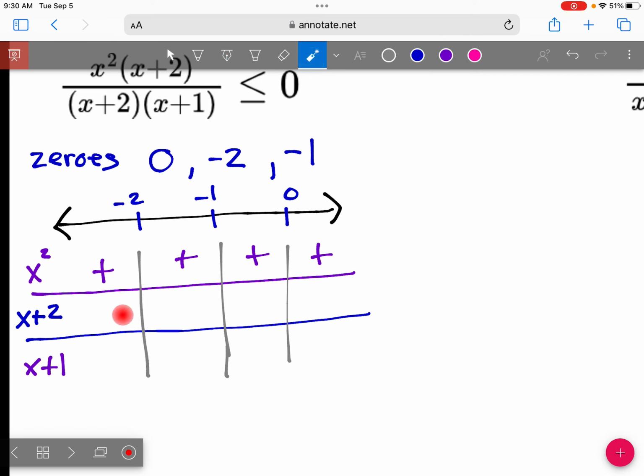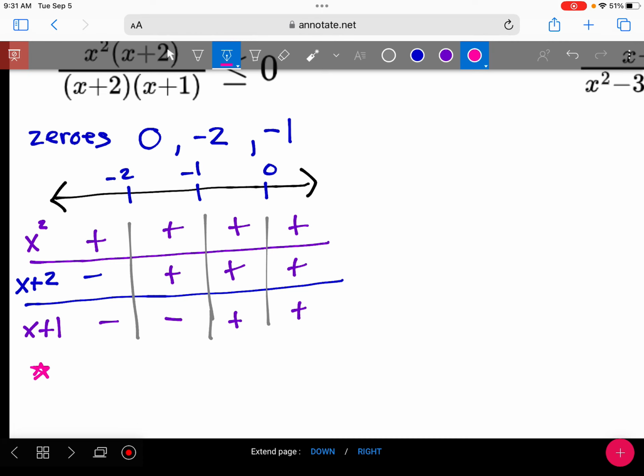This one, positive. And the bottom one? Negative. Then negative. If it's between -1 and 0? Positive.